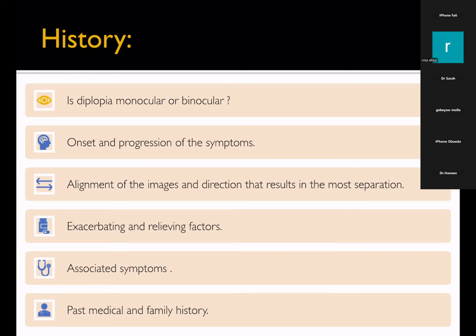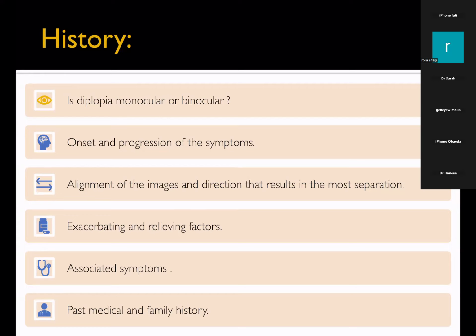If he mentions that the diplopia disappears when he closes one of them specifically, like only the right, but doesn't disappear while the left is closed, this is not binocular diplopia. He should accurately mention that either eye can be closed to get the diplopia relieved. And this features that the diplopia is binocular.